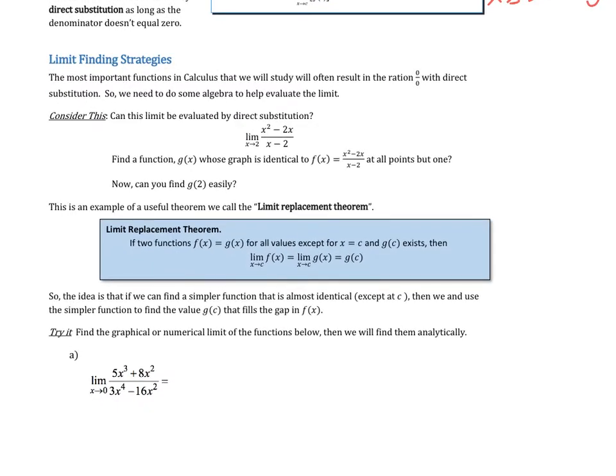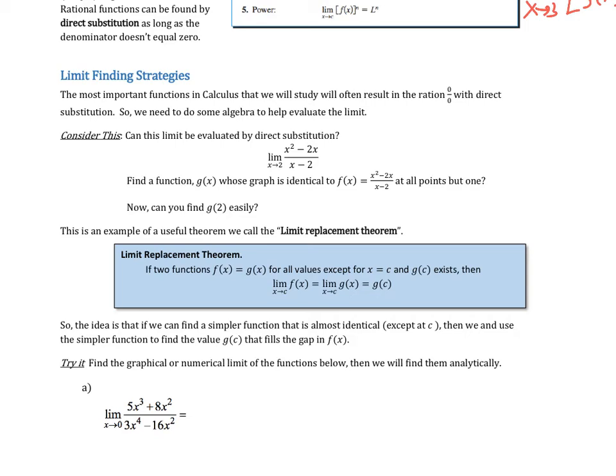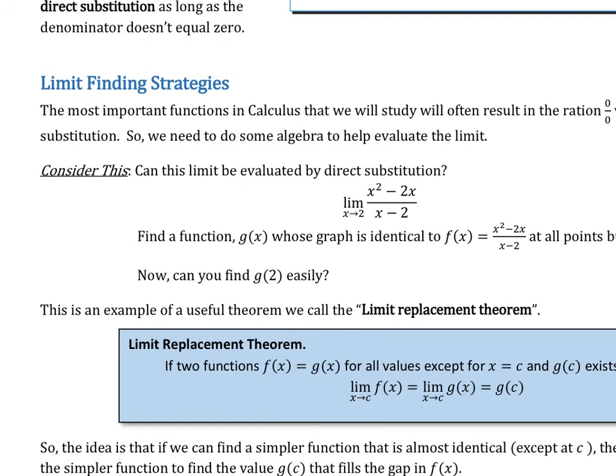So we're going to look at some strategies here, all right? We have some ways that we can get rid of problems. So sometimes we have a function like this where we want to find a limit as x goes to 2. But what happens when we plug 2 in here?